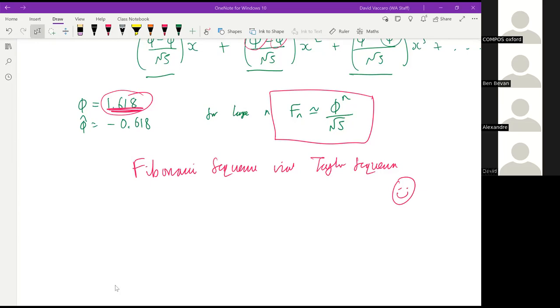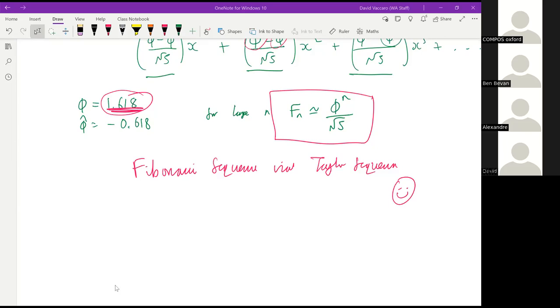Notwithstanding missing the screen, did people like that last proof? Definitely good. Okay.